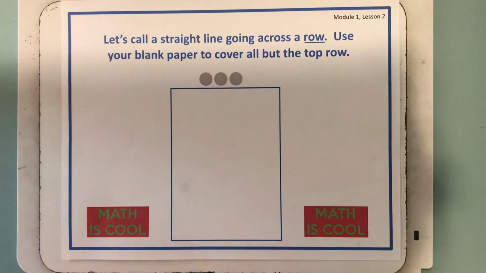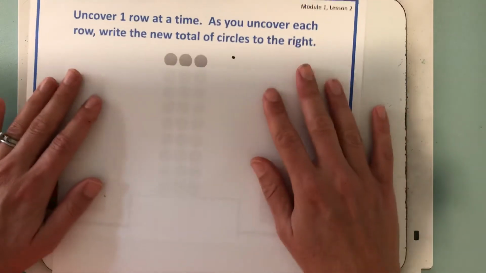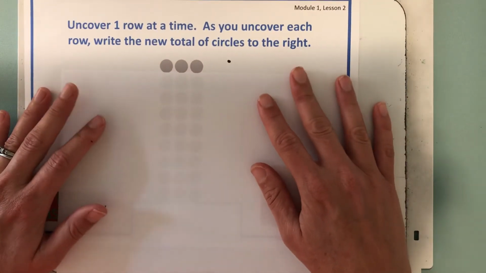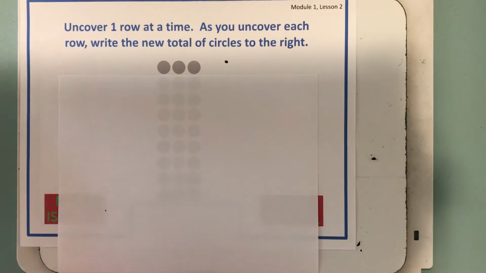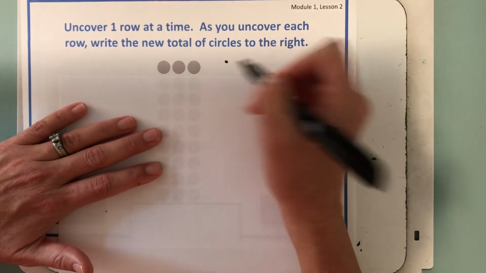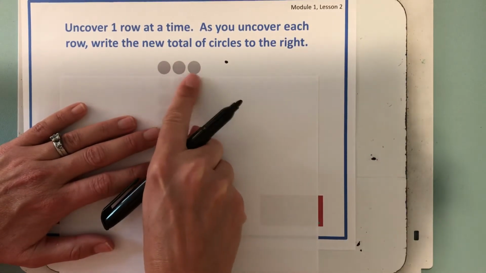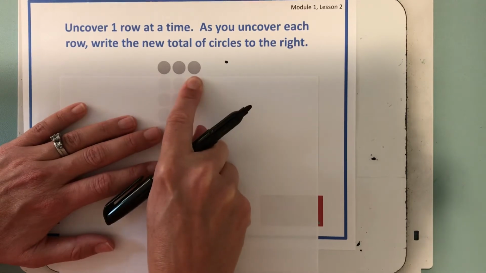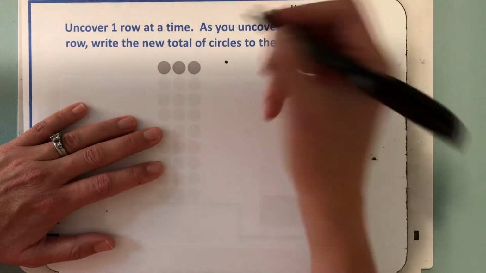And let me switch my paper here. We are going to uncover 1 row at a time. As we uncover it, we're going to write the new total of circles to the right. So how many circles do I have in this first row? I have 3, right?